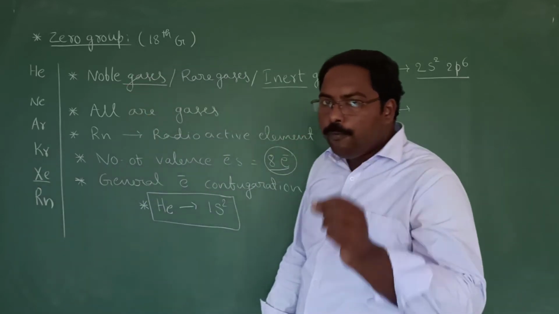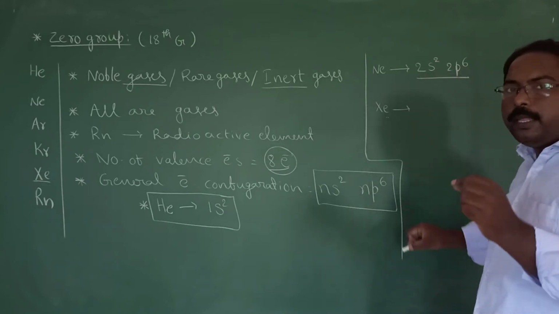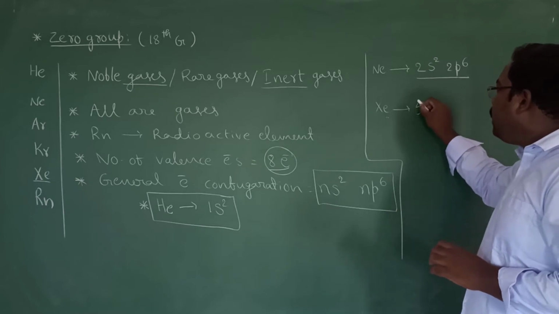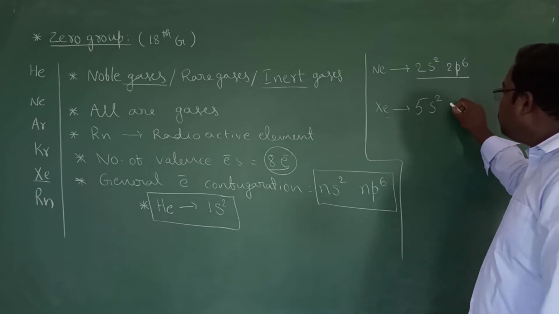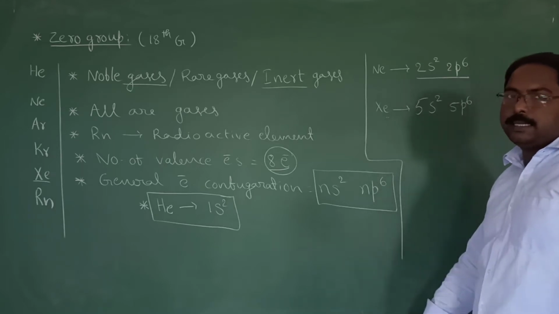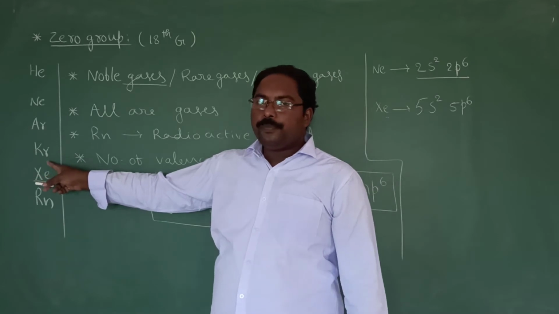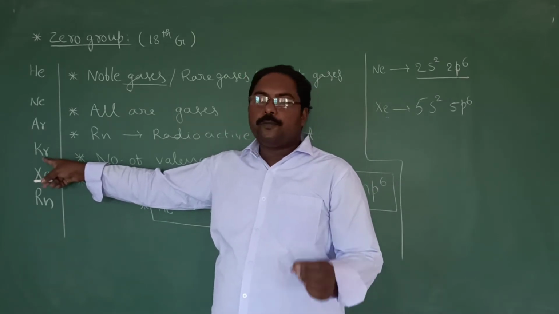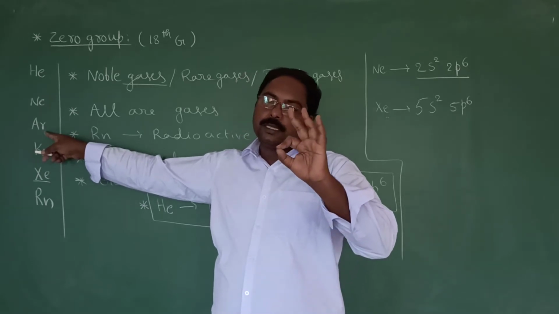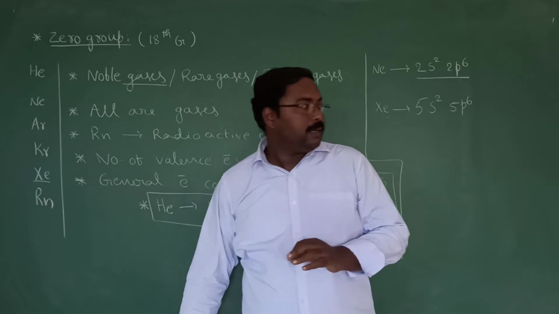It belongs to the 5th period. So the principal quantum number n is 5, and its electronic configuration will be 5s2 5p6. For krypton, it belongs to the 4th period, so 4s2 4p6. Argon belongs to the 3rd period, so 3s2 3p6.